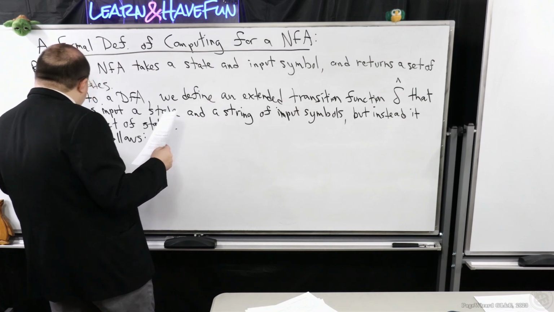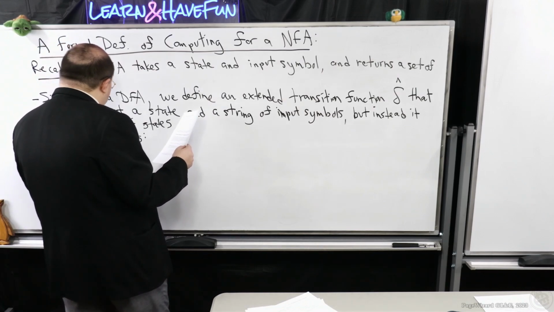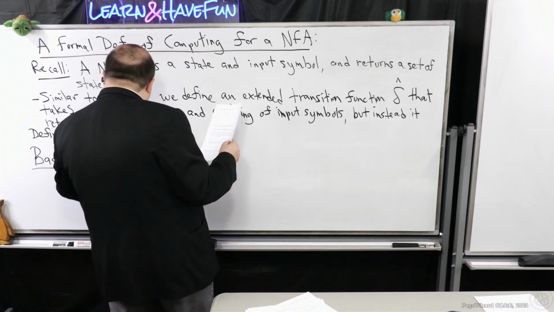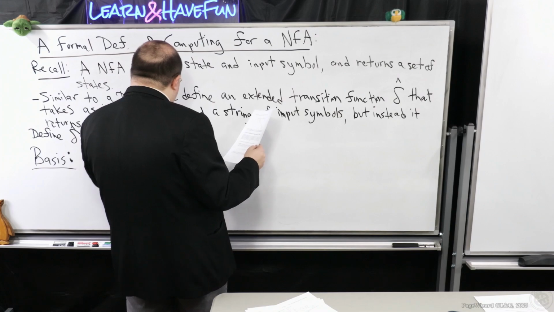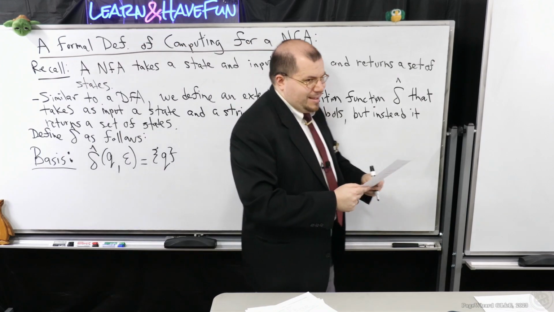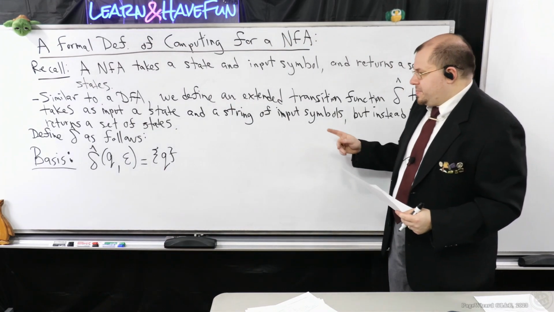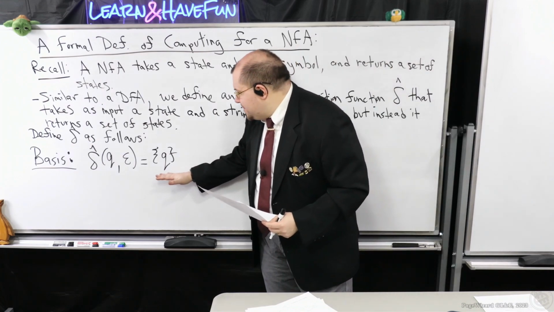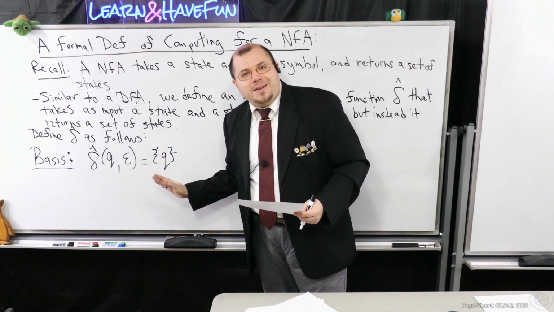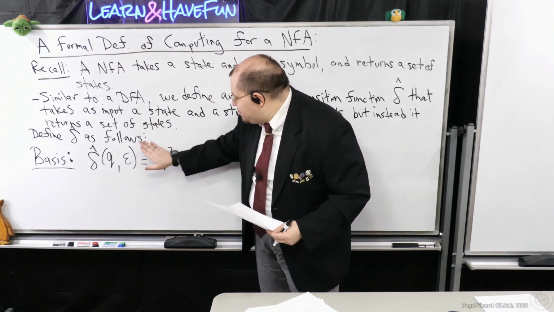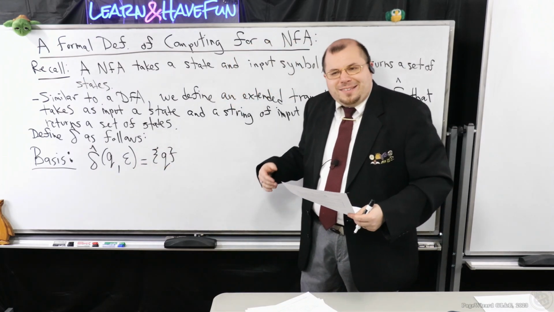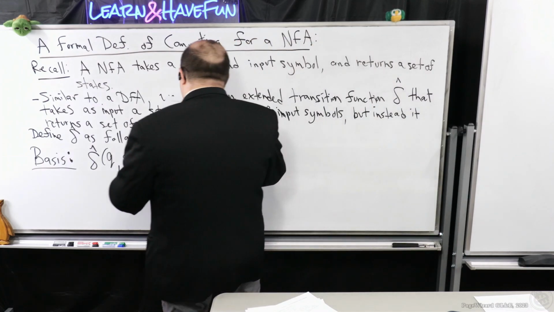So delta hat, given a state q and the empty string, similar to how we had it with the DFA, it stays at that state. You'll notice that this looks exactly the same as the DFA's definition of the basis. Just get rid of these curly braces here.